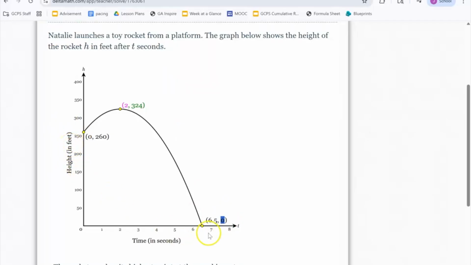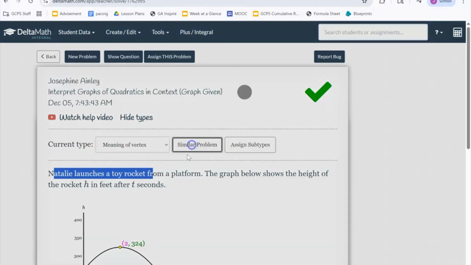Or I can say after 6.5 seconds, the rocket Natalie launched has hit the ground. Or I can say in a different order, Natalie's rocket hits the ground after 6.5 seconds. As long as you use 3 things, which is the number, then what that number means, and then the situation. Okay, so I'm just going to do one more.